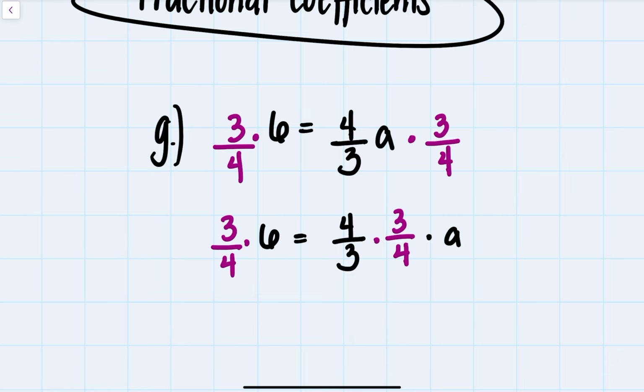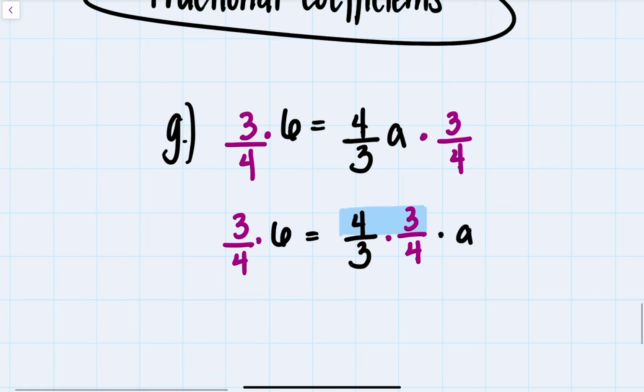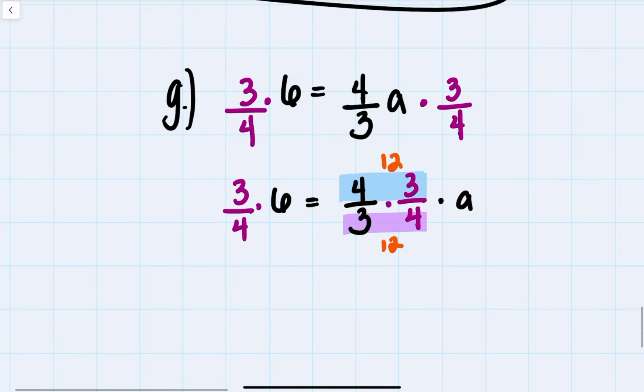If I multiply the top, 4 times 3, that's going to give me a 12. And if I multiply the bottom, that's also going to give me a 12. And I know that 12 divided by 12 is going to give me a 1. So on the right-hand side, I should actually have a.